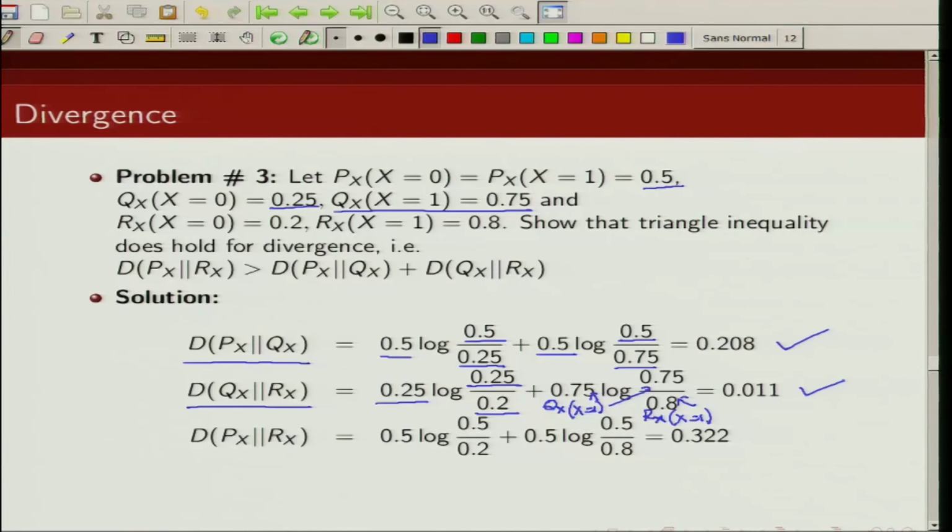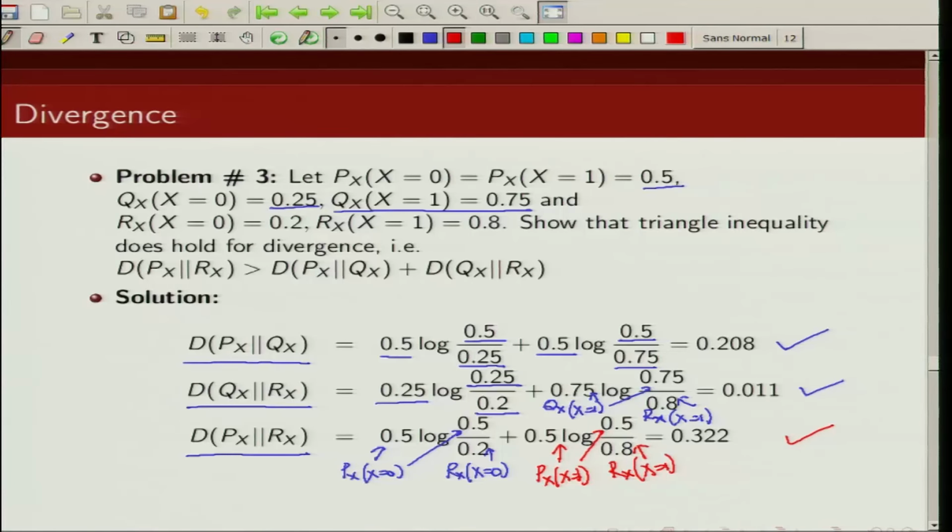This follows exactly from the definition of divergence, and similarly we can find the divergence between p and r: p of x for x equal to 0 and r of x for x equal to 0, and p of x for x equal to 1 and r of x for x equal to 1.